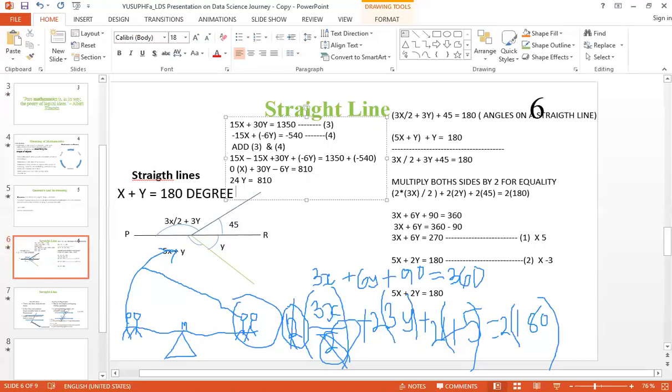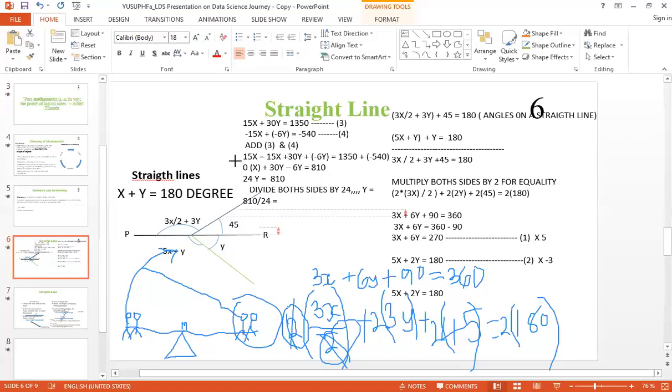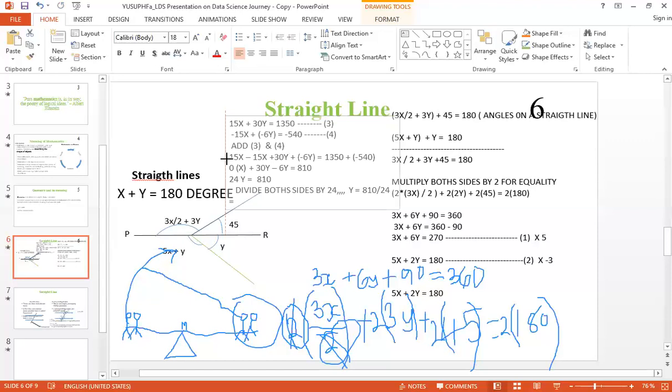You have to divide both sides by 24, and you now have your y. In that case, y will be equal to 810 divided by 24. I have to be very fast because of time. That's going to give you 33.75.